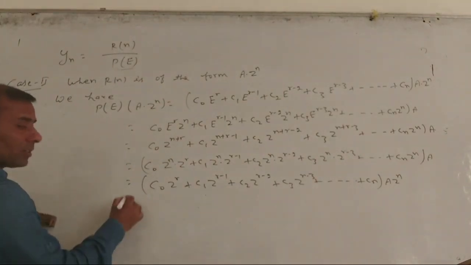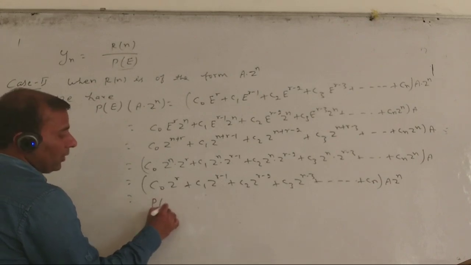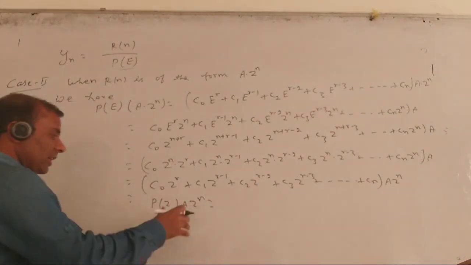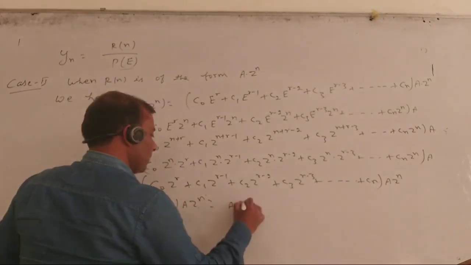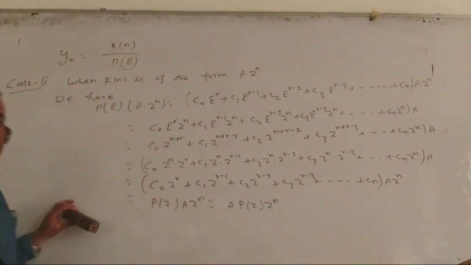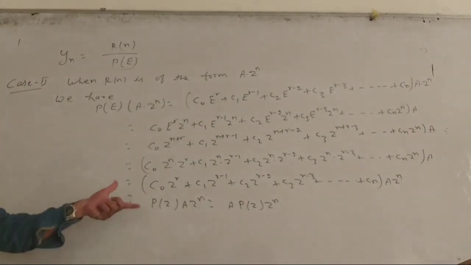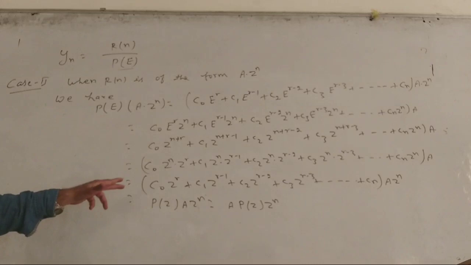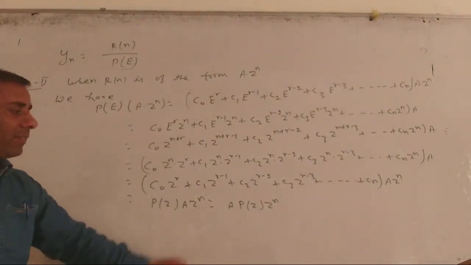So it becomes P of Z into A into Z^n, just we can put the constant on the left side, so that is A into P of Z into Z^n. So to get the value of P(Z), we can put the value of Z as E, meaning just replace Z by E, then we can get the value of P(E).